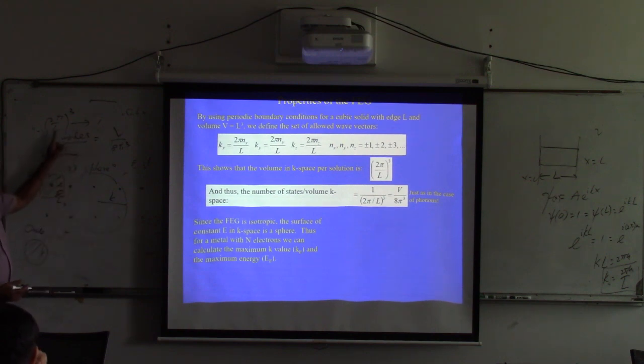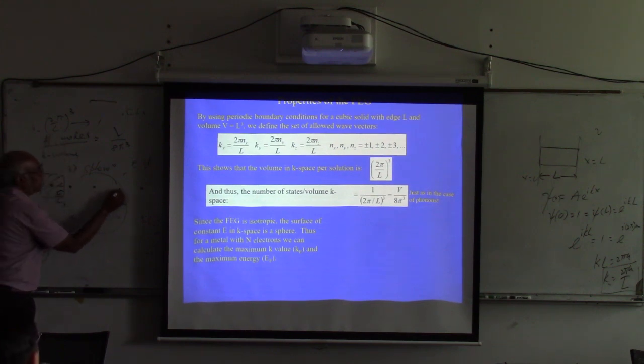So this is the number of modes per unit k volume, and then you have to multiply by that 4/3 π k cubed to get the total number of modes. Now this is the important thing.